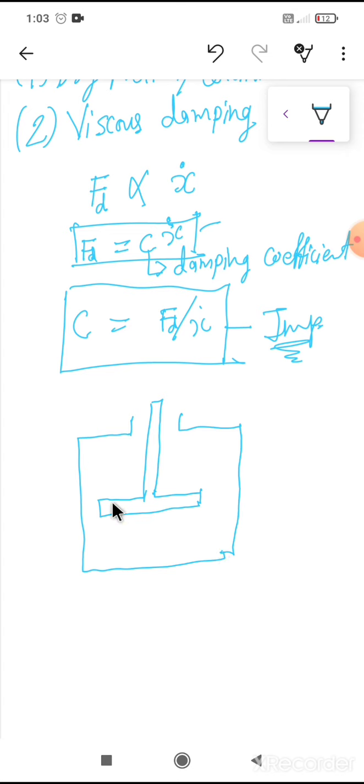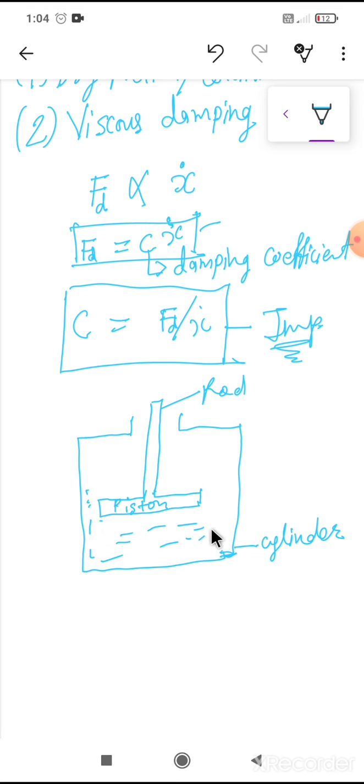Suppose this is the piston, this is the cylinder, and suppose this is the rod. So this consists of a piston moving inside a cylinder filled with a viscous fluid. Suppose there is a viscous fluid inside this.